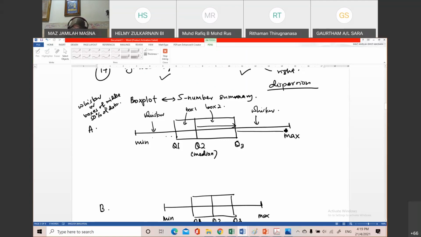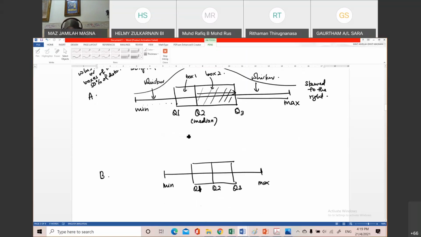So in this case, we can say that the data is skewed to the right, because this box is larger than the second box.